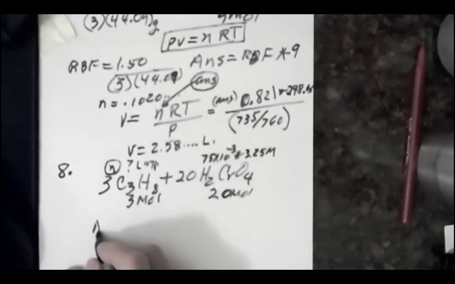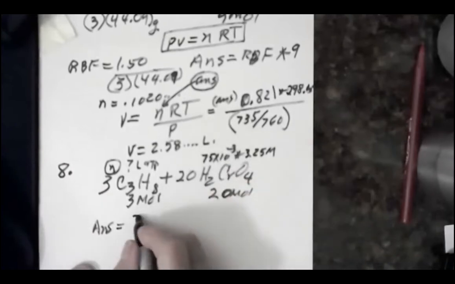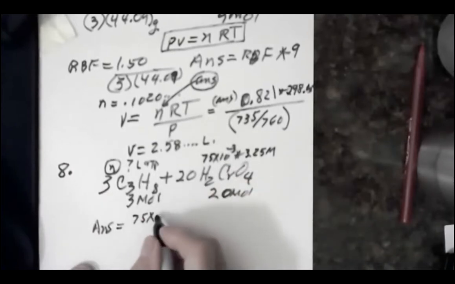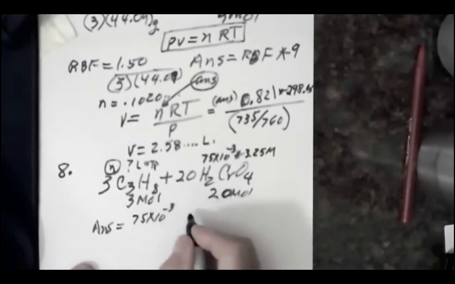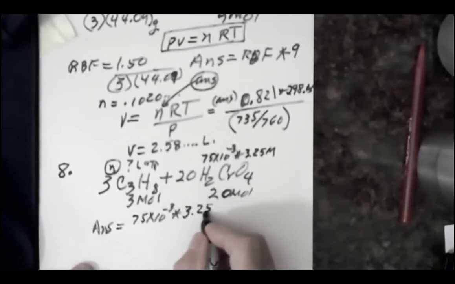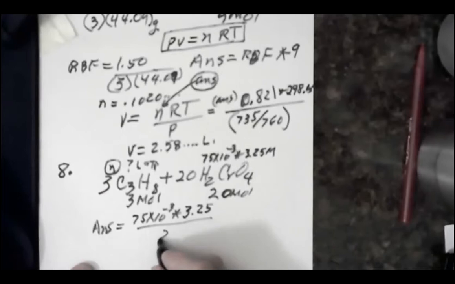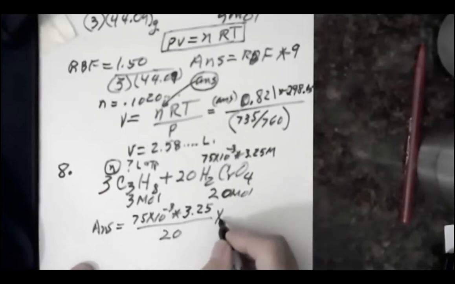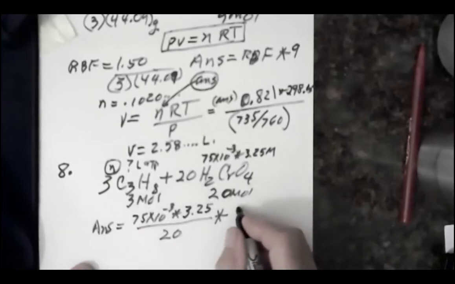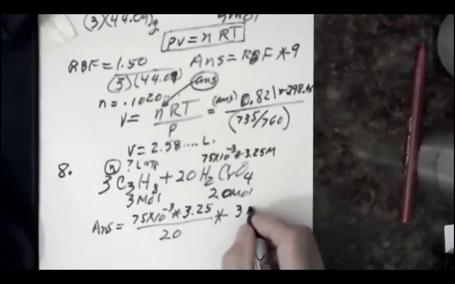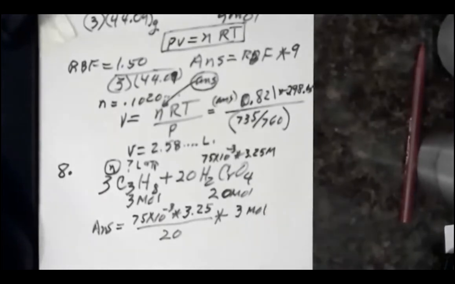So my answer in moles is going to be 75 times 10 to the minus 3 times 3.25 divided by 20, and then times the number of moles shown in the problem, which is 3. That's going to be the number of moles in my ideal gas equation.